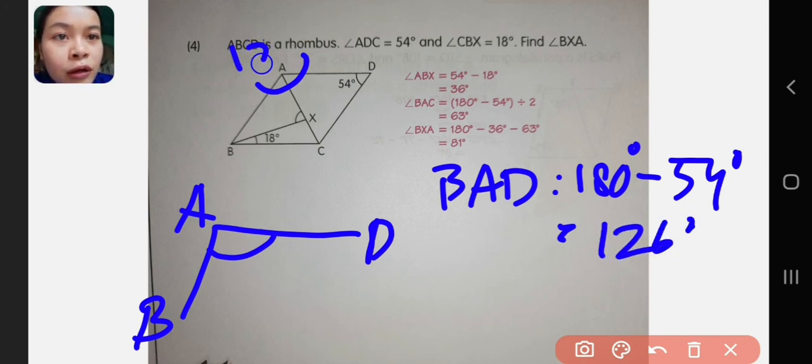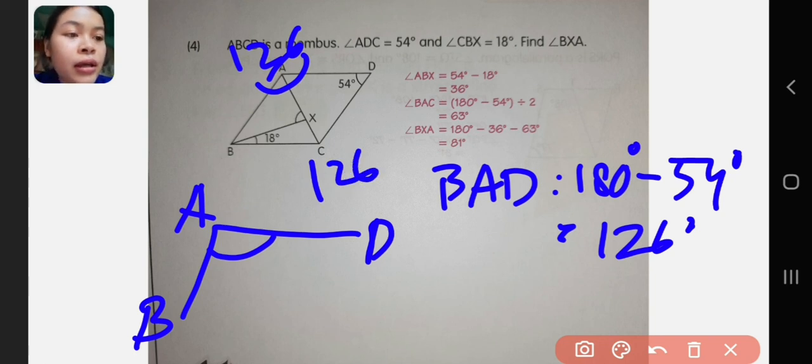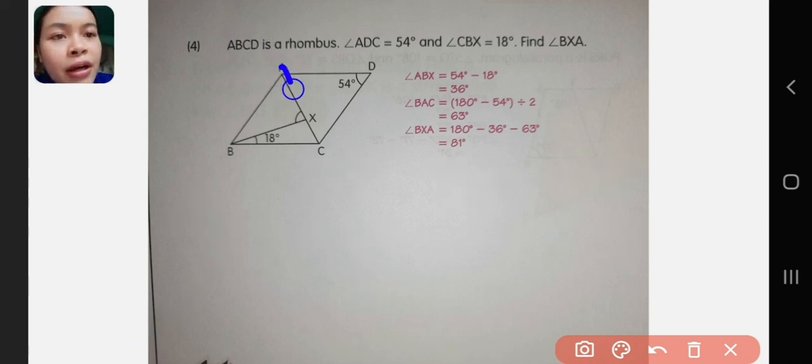So this is 126, and this is also 126. Miss, this is divided into 2, right? Yes, like we have learned before, if a rhombus is divided into 2, the parts are equal.